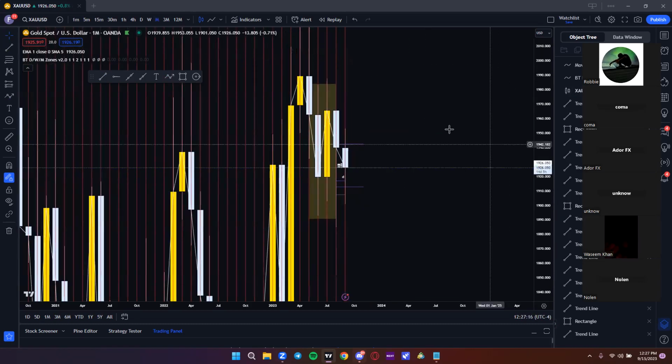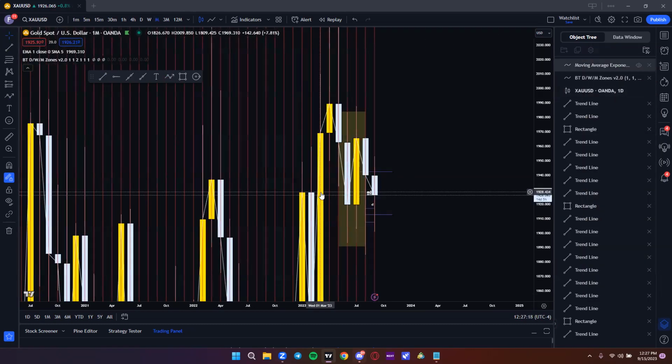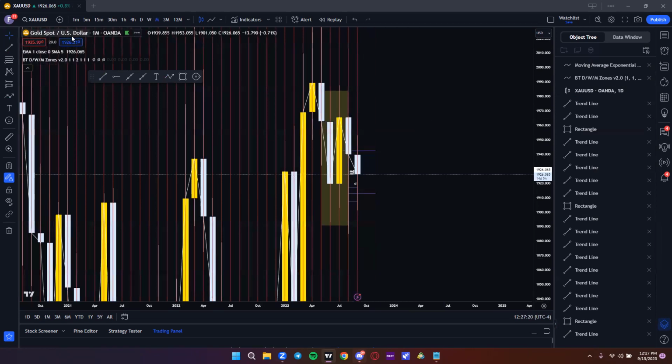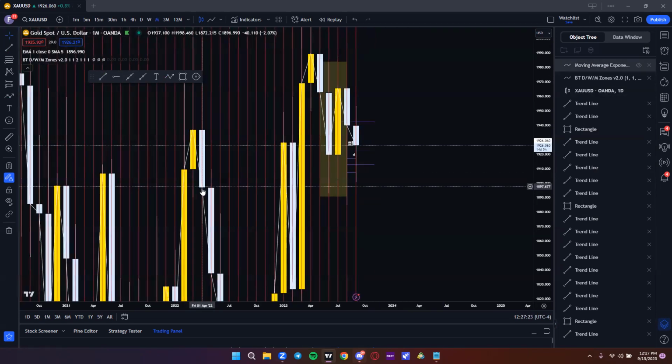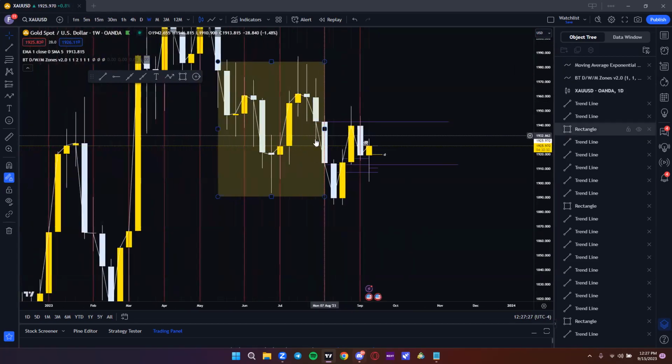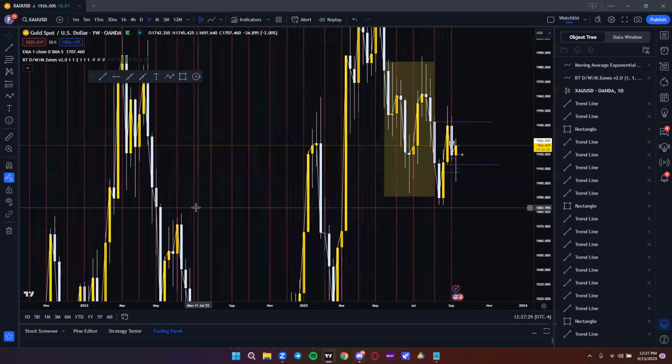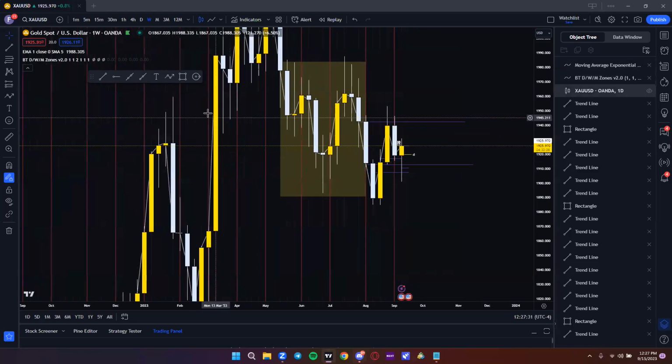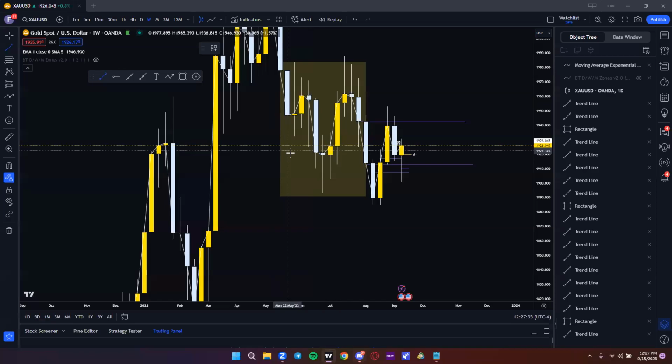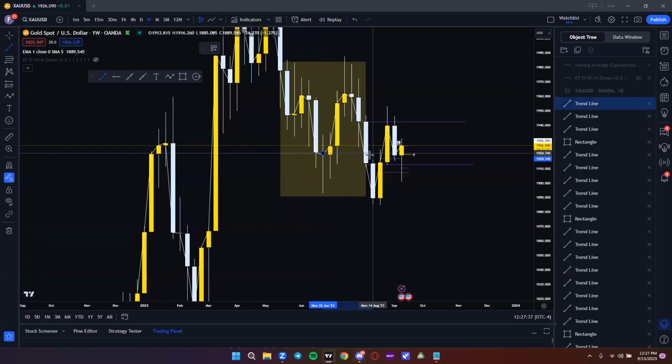I don't want to jump around and confuse you guys, but you are bearish on the monthly. Weekly, you would also be bearish. Take this guy out. Weekly, you would be bearish. From this point, you're bearish.